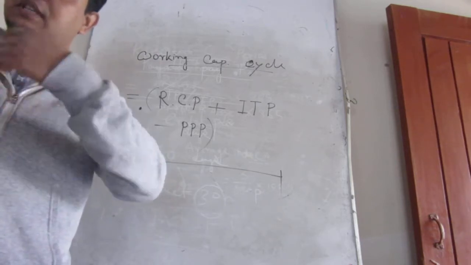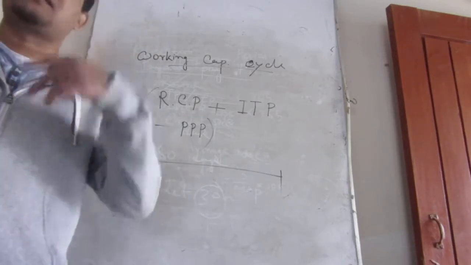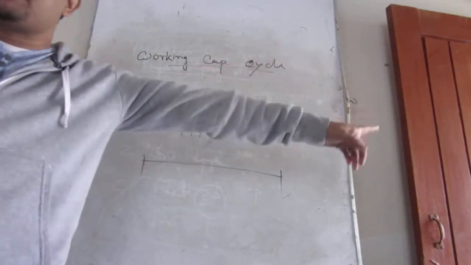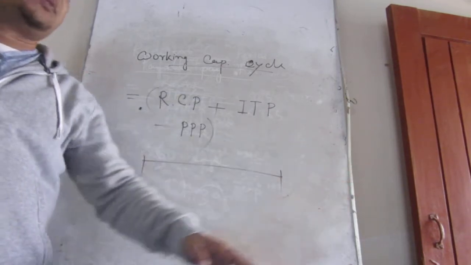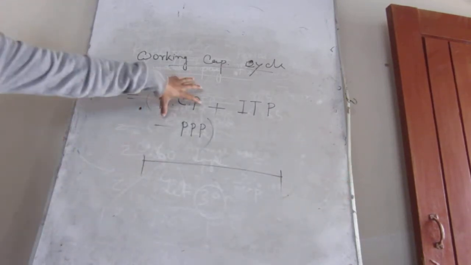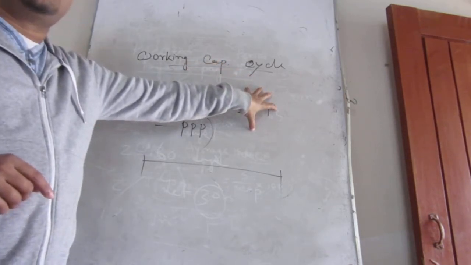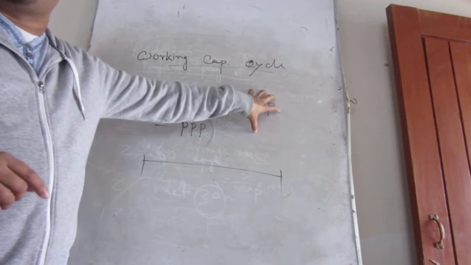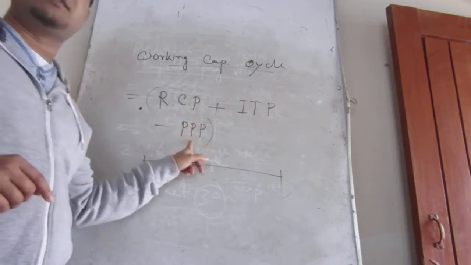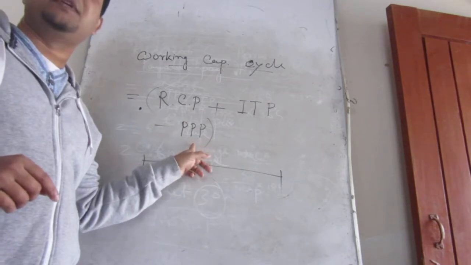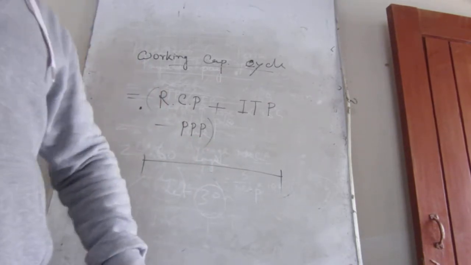Then you are processing that, then you are selling to customer on credit, and then collect the amount and meet up the payment to the supplier, right? So receivable collection period plus stock or inventory turnover period minus payable payment period. It will provide you the working capital cycle or working capital days.